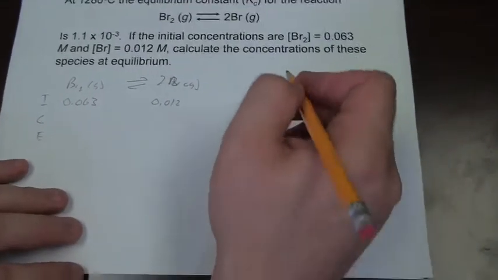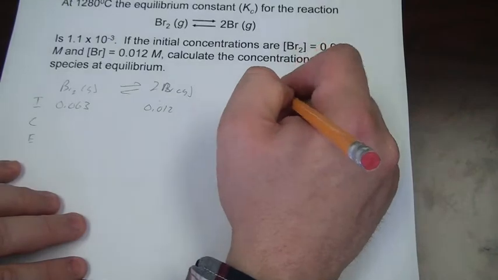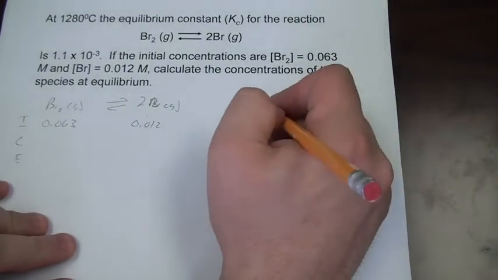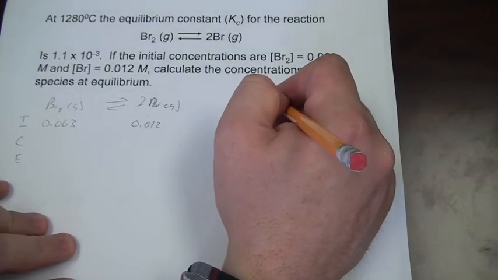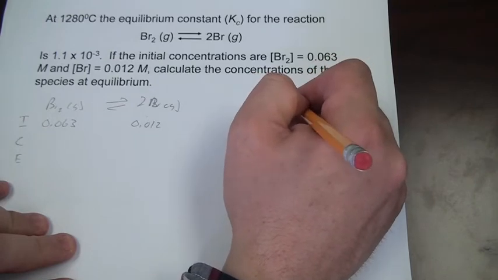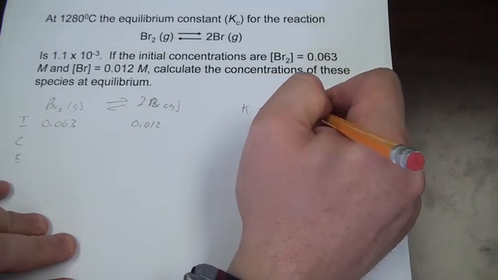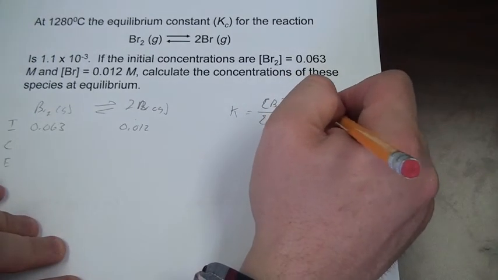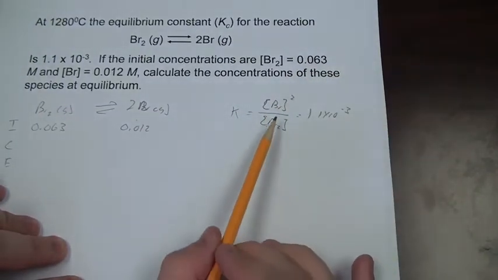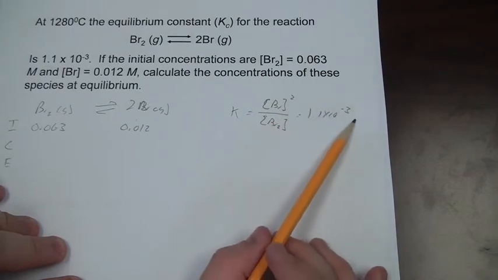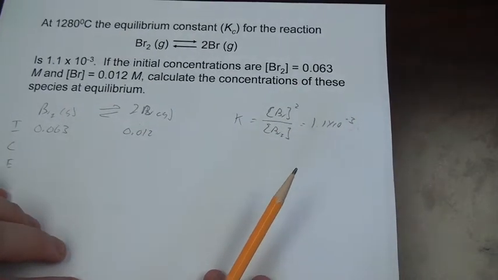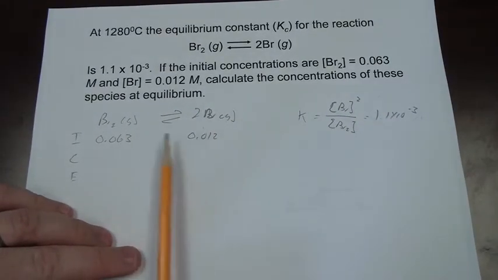We also know that the equilibrium constant K is going to be equal to the concentration of Br squared divided by the concentration of Br2, which is equal to 1.1 times 10 to the negative 3. So the relationship of these concentrations is going to be this value at equilibrium. But the question is, are we at equilibrium?